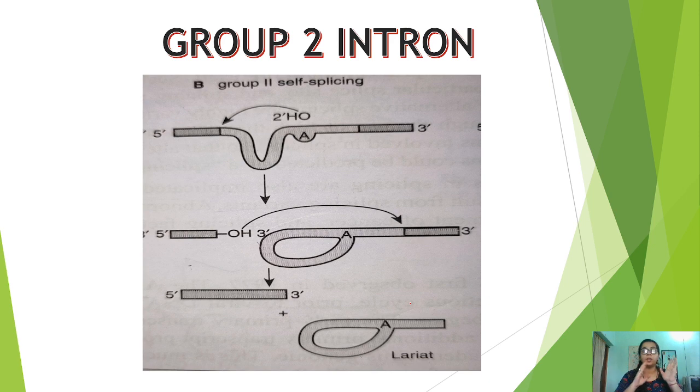The spliceosomal and self-splicing pathways are somewhat similar: the intron making a nucleophilic attack, removal of intron, joining of exons, all of that was somewhat similar except for the protein part. But tRNA splicing will be completely different from that. So stay tuned for the next part of the video.